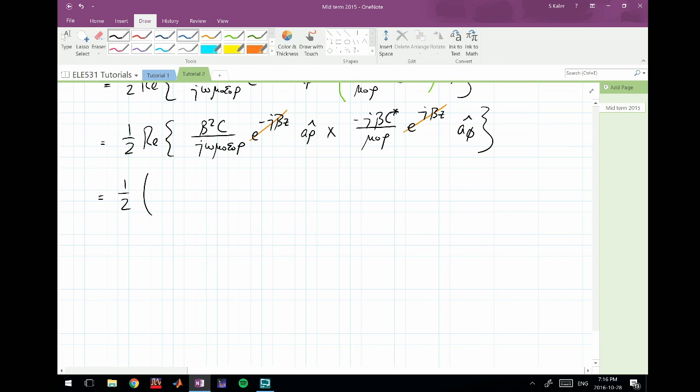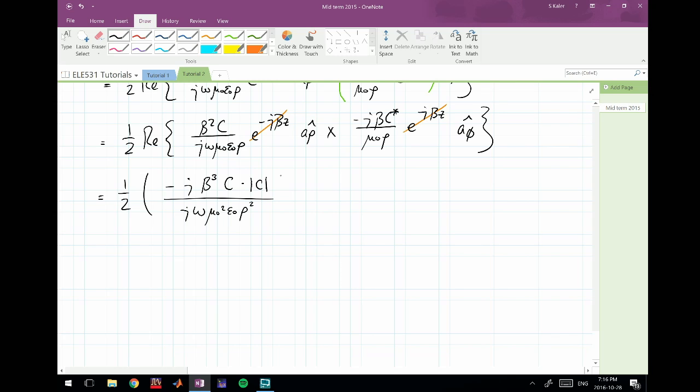So this is minus J beta cubed C times this magnitude of C all over J omega mu naught squared epsilon naught rho squared.